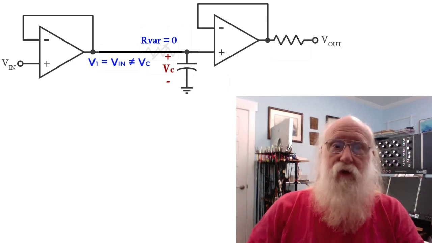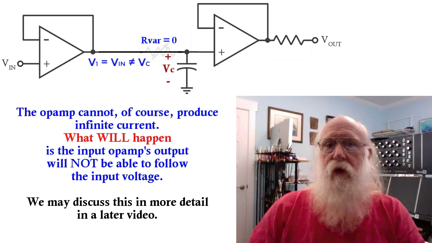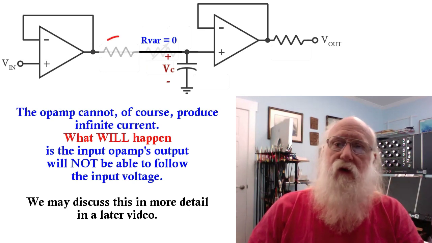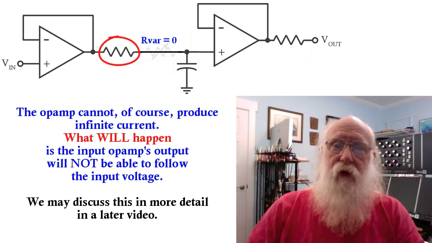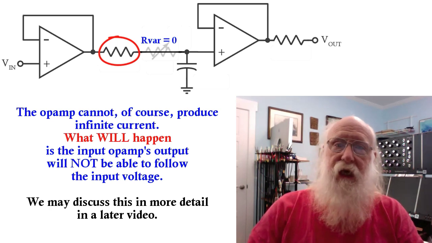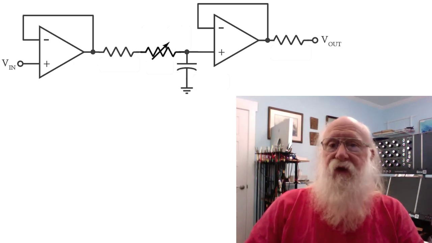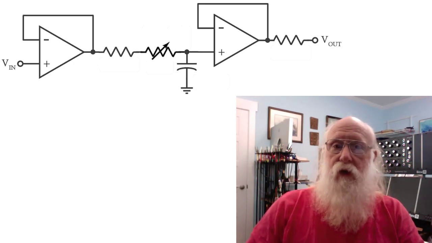If the variable resistor is set to zero, that would imply infinite current. So we really need to add a resistor between the input buffer and the variable resistor to limit that current to some extent. Now that we've got that, let's consider what the values of all of our components should be.